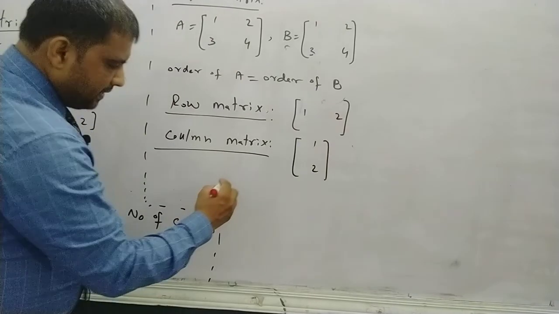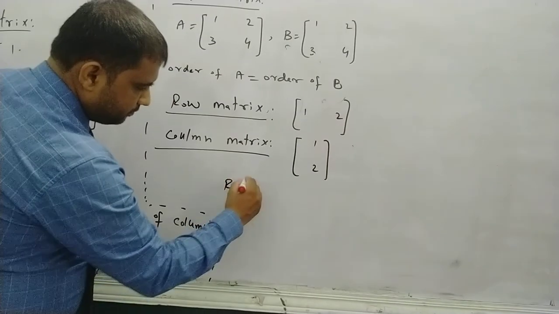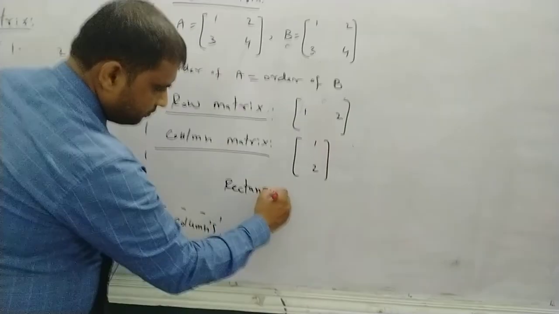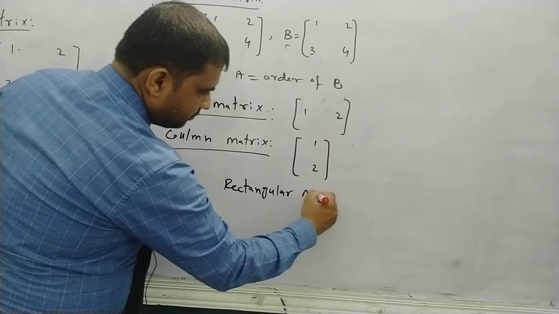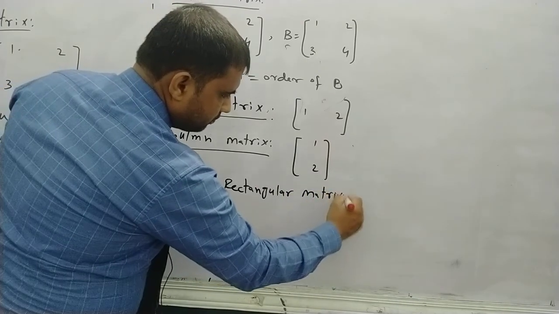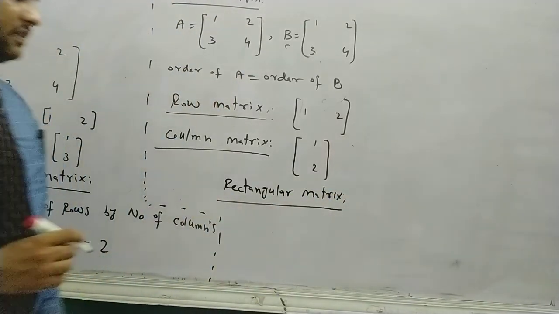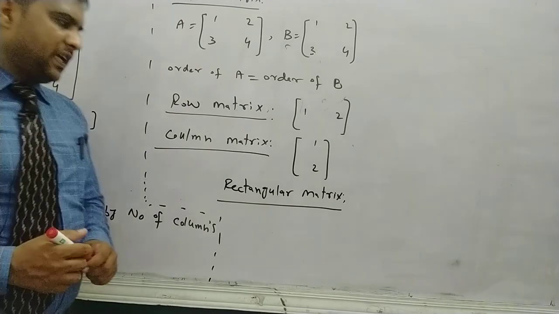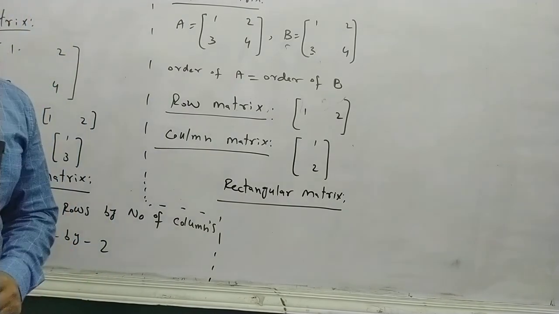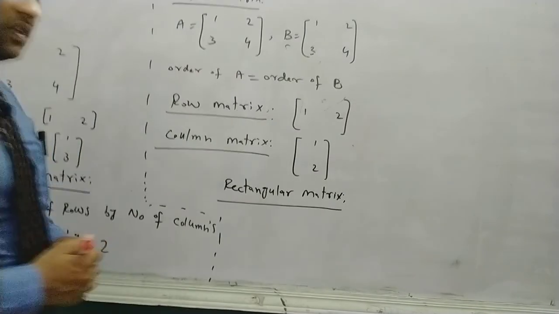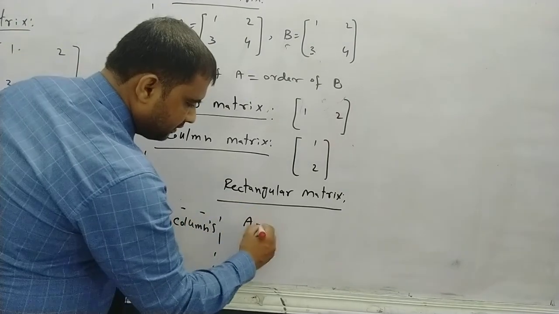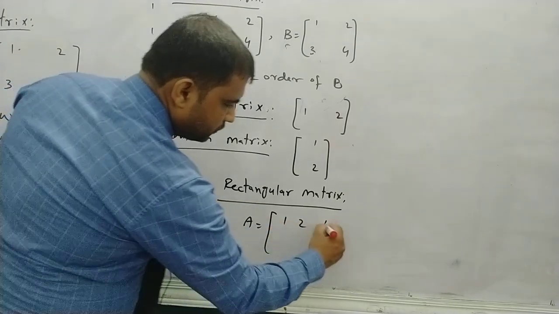Now rectangular matrix. A matrix is rectangular if the number of rows is not equal to the number of columns, like 1 2 4.